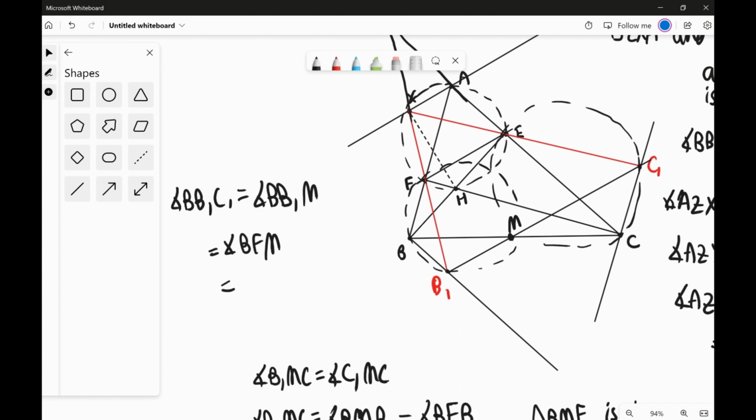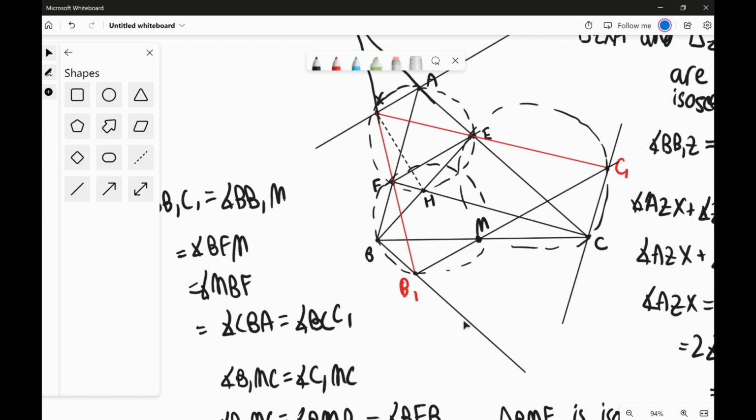And this is just equal to directed angle MBF, which is just directed angle CBA. But because of the parallel lines, this is equal to directed angle BCC1. Therefore, BB1C1C are concyclic, and we are done.